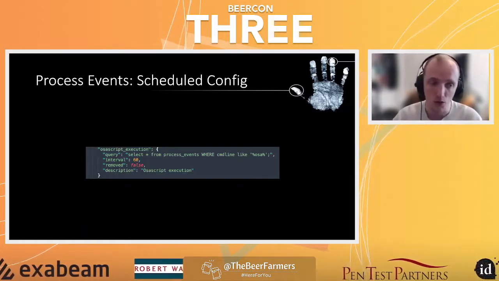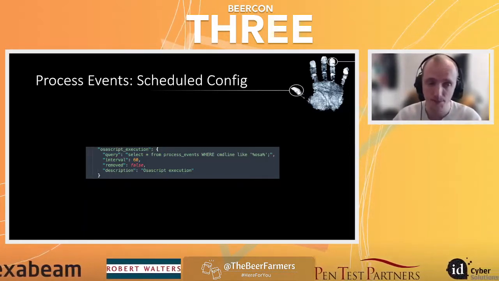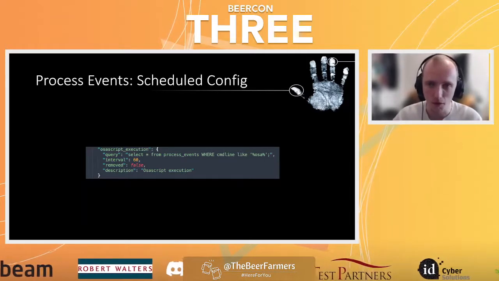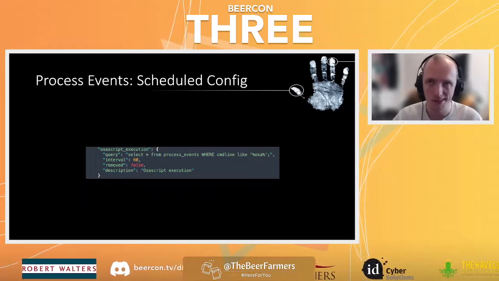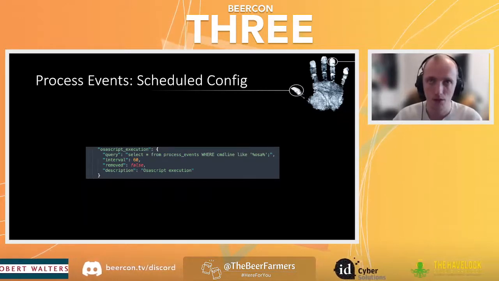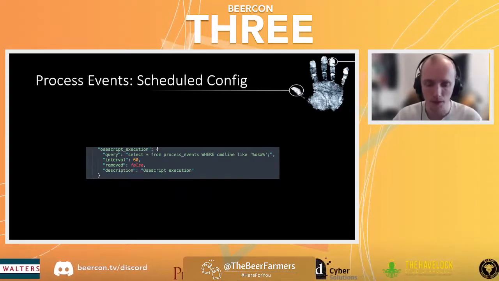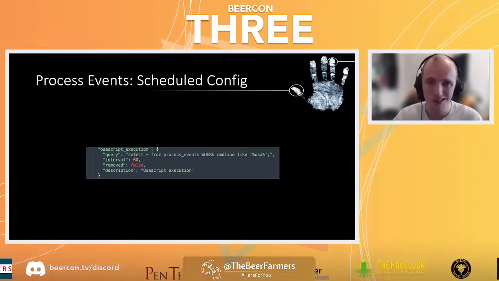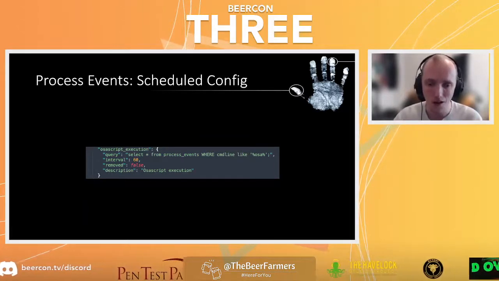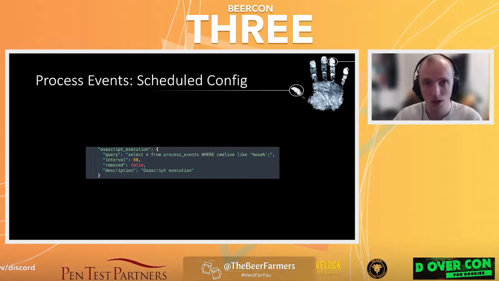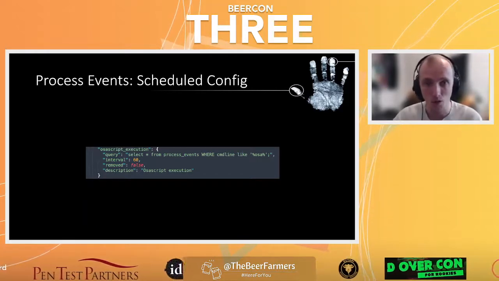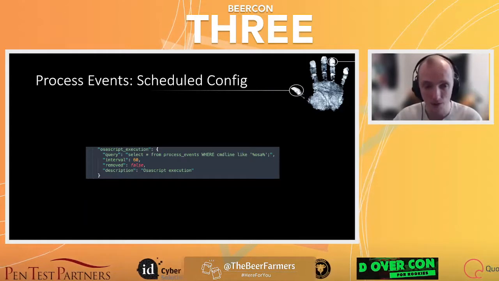We tell it to do it every 60 seconds, and the parameter removed false basically tells us to give us all data. Once again, the parameter removed, if it's on false, gives us all data, because if you set removed to true, it will only give you results if the item is removed from the table again.